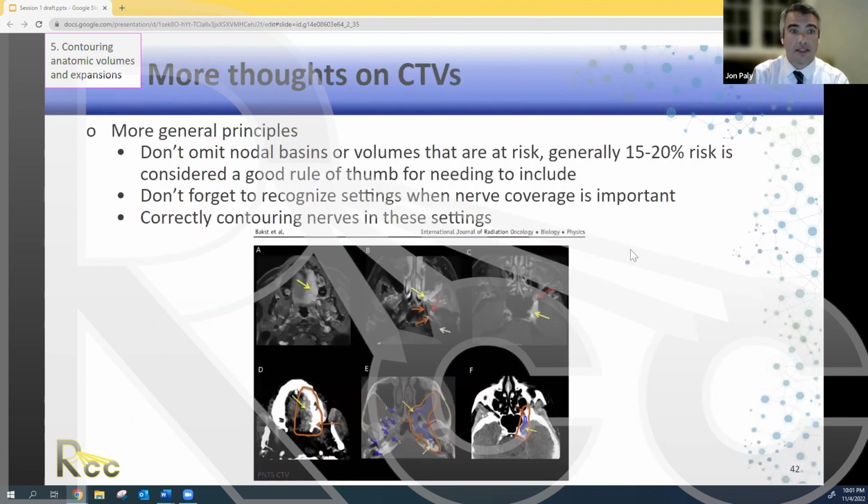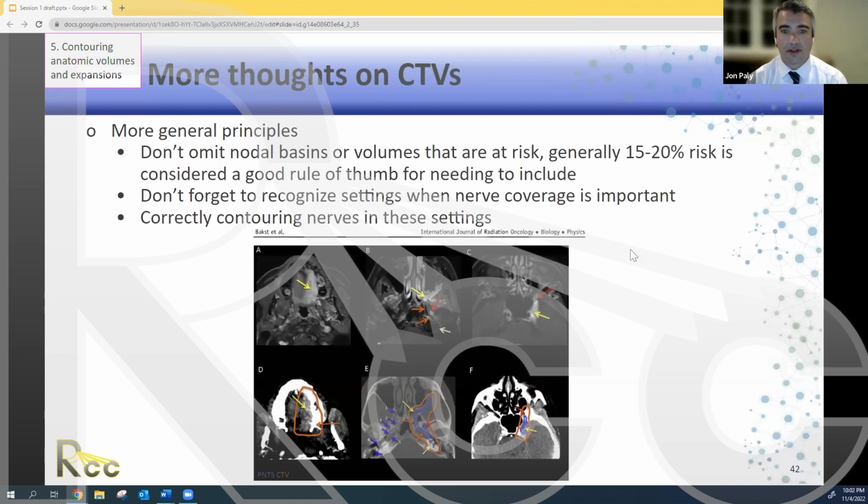A couple other thoughts on CTVs. We want to be thinking about nodal basins or volumes that are at risk. In general, people tend to think about a 15 to 20% risk of recurrence in an area as being considered enough to want to cover that area with an elective nodal volume. We also want to be recognizing settings where nerve coverage is important because we're worried about perineural invasion.